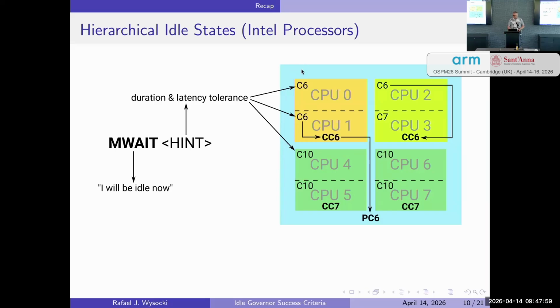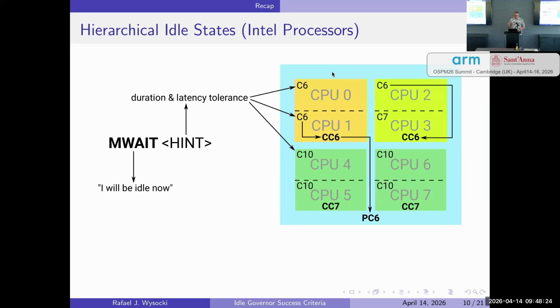As a result, for C6, it has to reflect the exit latency to enter the package C6 idle state for the whole package, which is much longer than the exit latency for the core, which will be the core C6 exit latency.